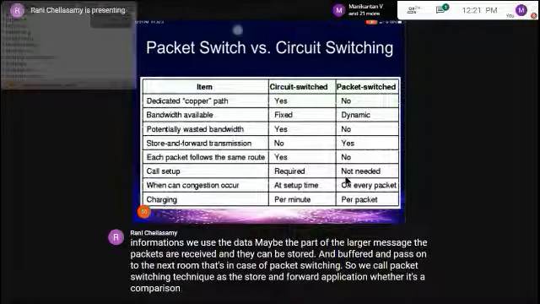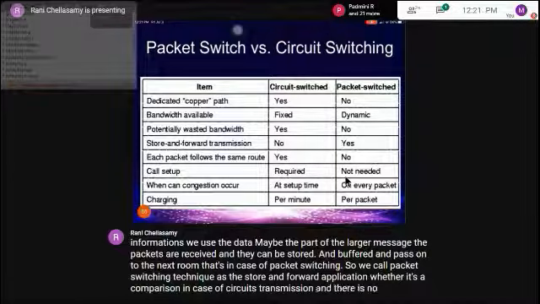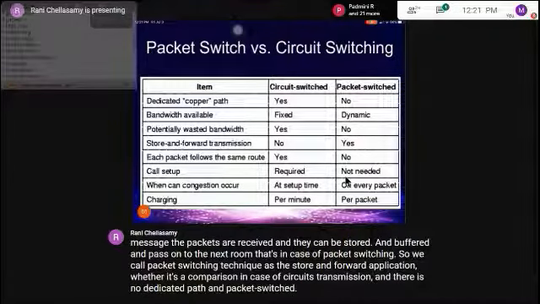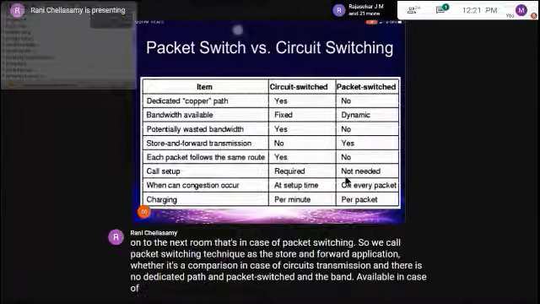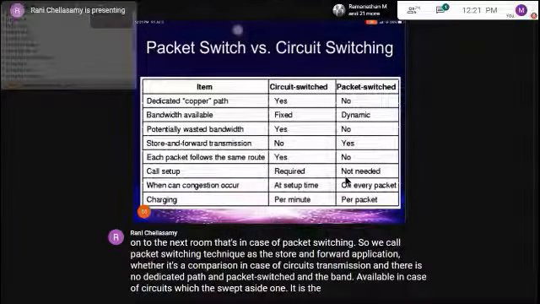In a circuit switched network, we have a dedicated transmission path with the help of copper wire, and there is no dedicated path in packet switched. The bandwidth available in circuit switched is a fixed one, that is, the channel is allocated throughout the data transmission.